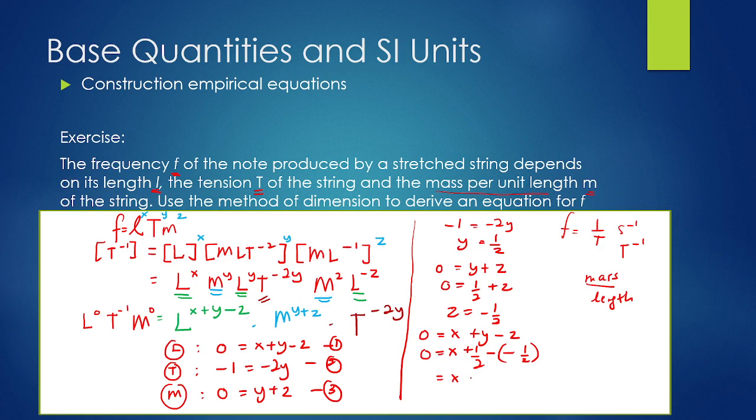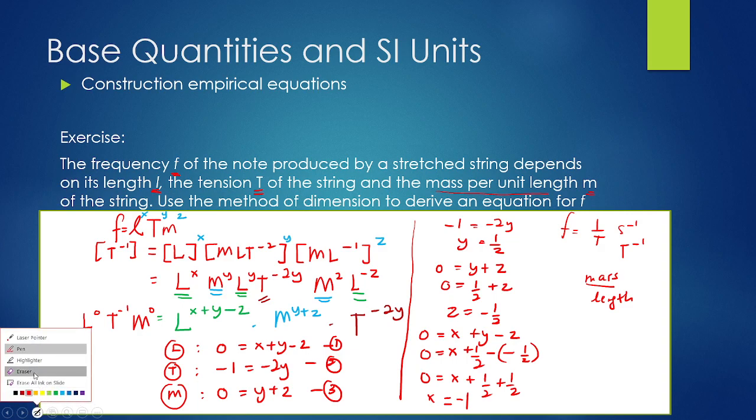So you have x plus 1 over 2 plus 1 over 2. This is 1. So x equals to negative 1. Right. Okay. Oh, yeah, correct. Okay. I'm going to finish the whole thing.